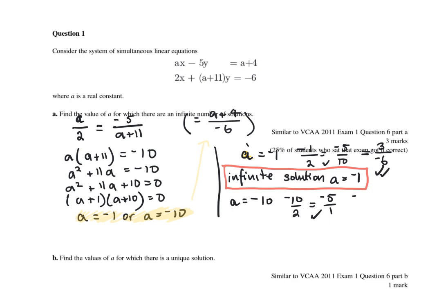That is -6 over -6. No, it doesn't equal that. So therefore, this would be no solution. So our infinite solution is a equals -1.